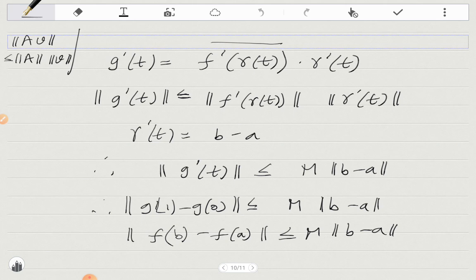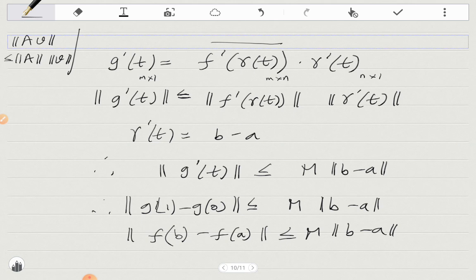Well, in this equation, f prime of gamma t is an m by n matrix. This is an n by 1 matrix, so this is n by 1, this is m by 1, this is m by n.